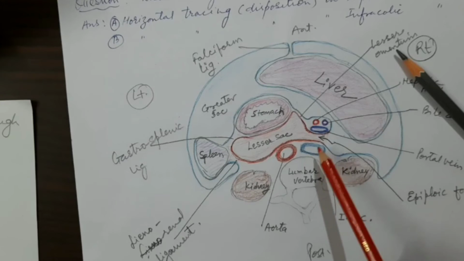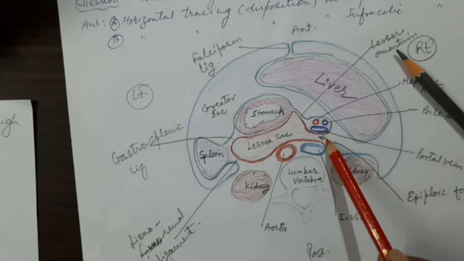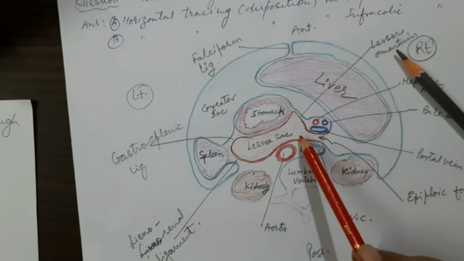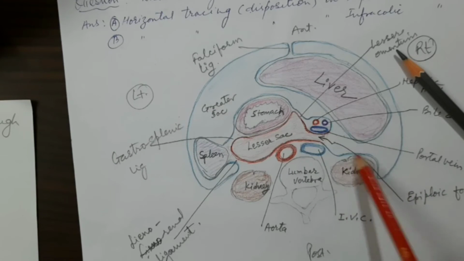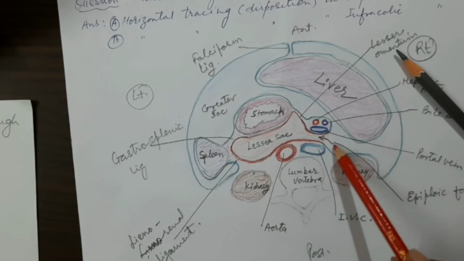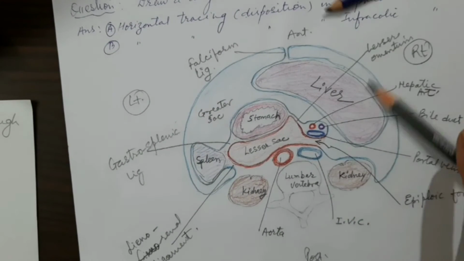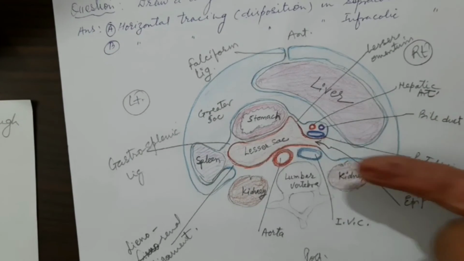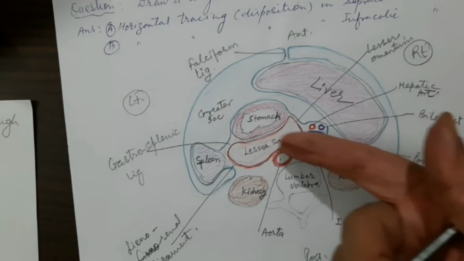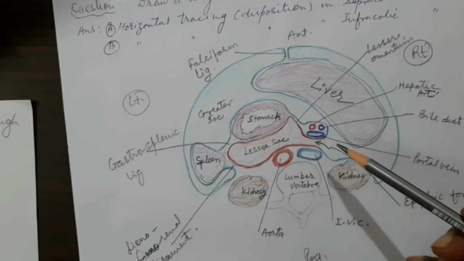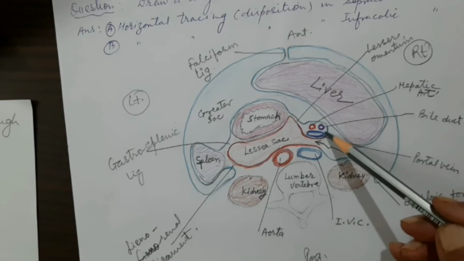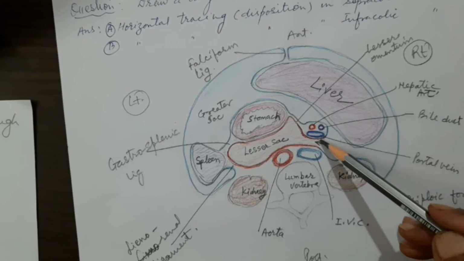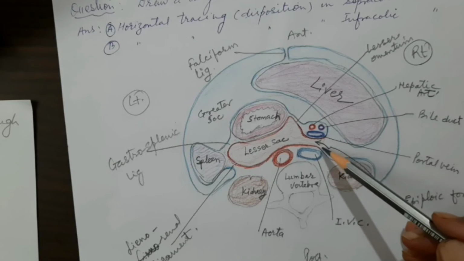And here is a narrow opening which communicates the lesser sac with the greater sac. In your cadaver you can pass a finger through this opening, just behind these three structures at the free margin of the lesser omentum.